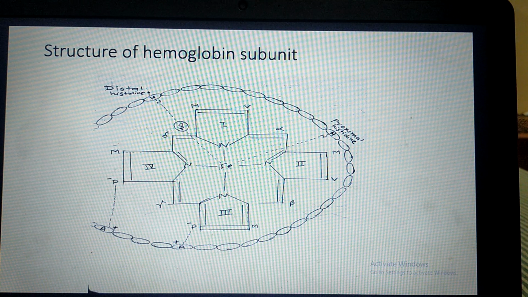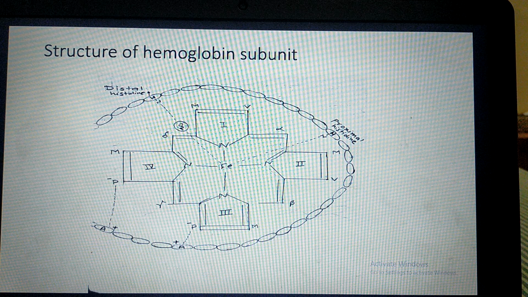Heme and globin combine by different bonds. As I have told you, iron, which is centrally placed in the heme structure, forms a direct coordinate bond with the nitrogen atom of the imidazole group of histidine, that is, the proximal histidine.